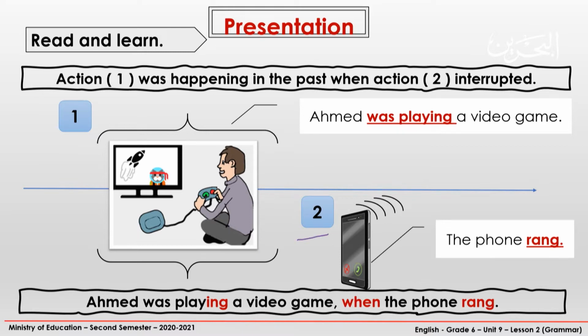Okay, now let's merge them. Ahmed was playing a video game when the phone rang. So what was Ahmed doing? Ahmed was playing a video game. What happened after that? The phone rang. So the first action was interrupted, cut by the second action.